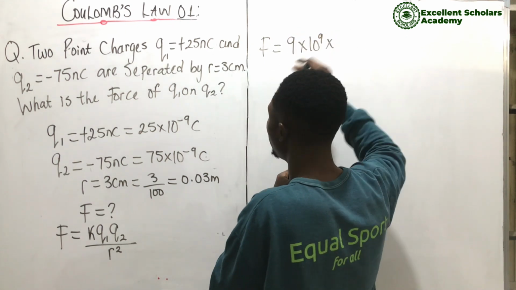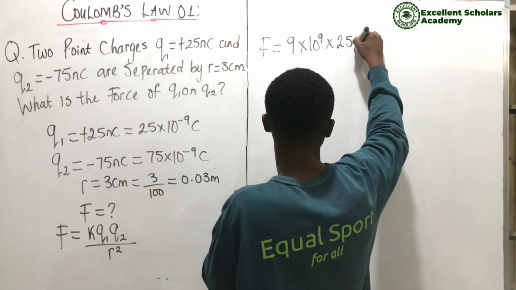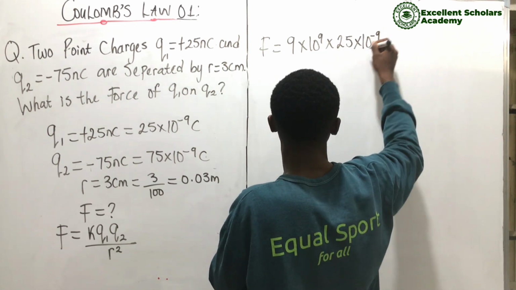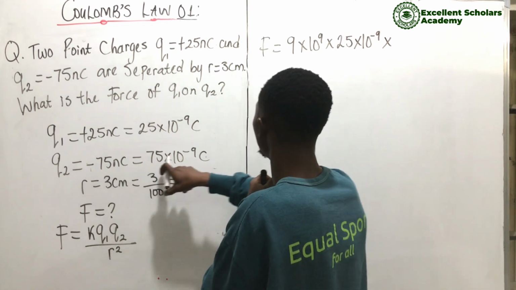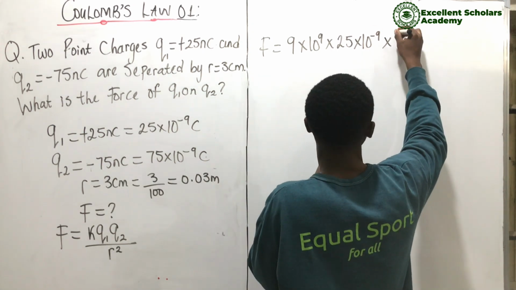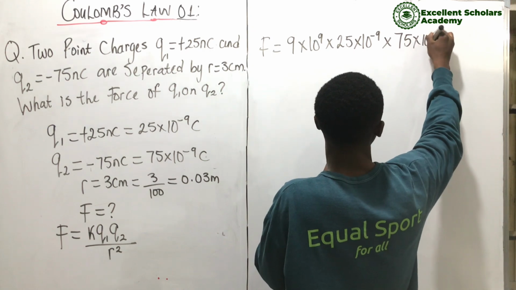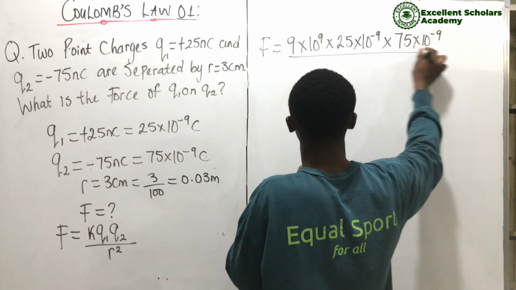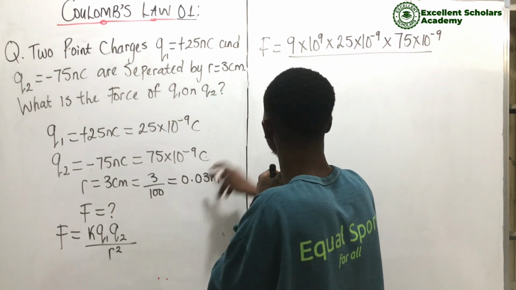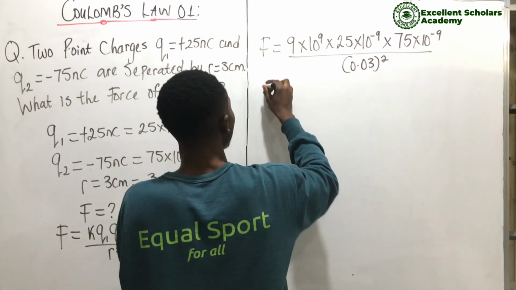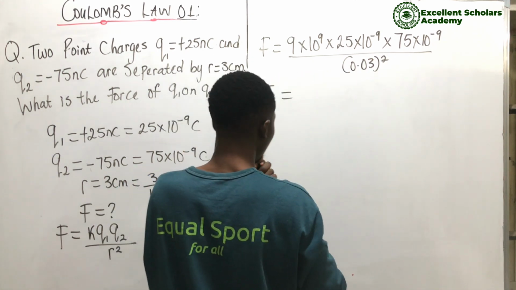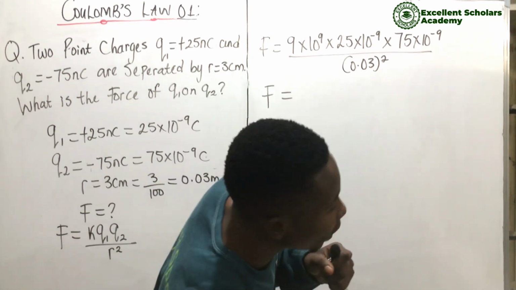Now q1 is 25 times 10 to the power of minus 9 times, now the negative sign in this charge q2 is not going to be relevant, so it's just going to be times 75 times 10 to the power of minus 9 over r squared. That's 0.03 squared.